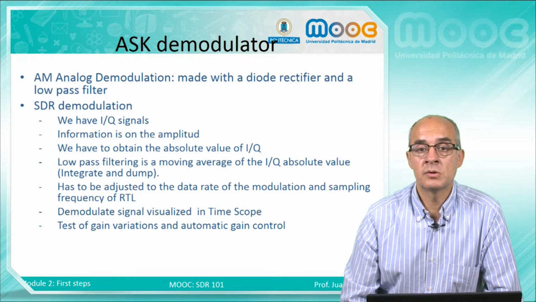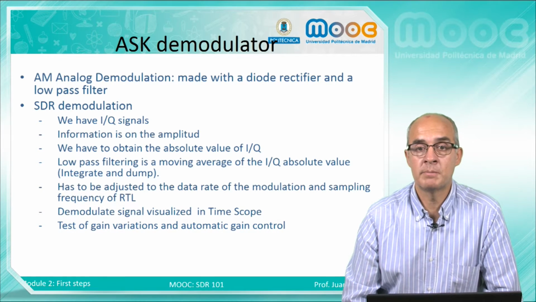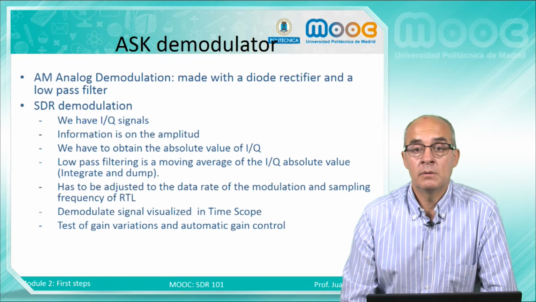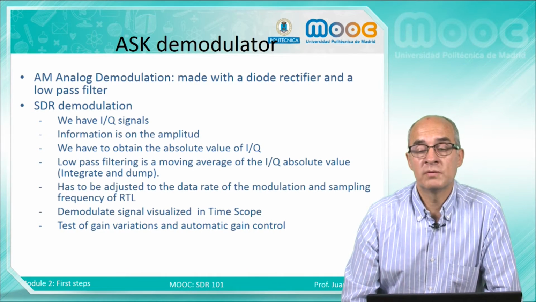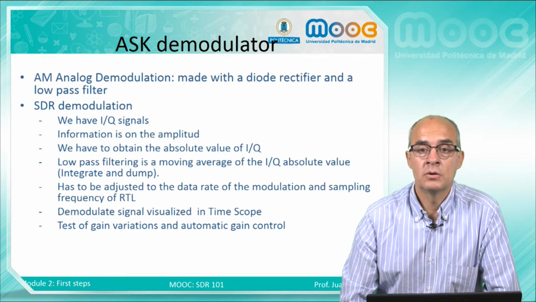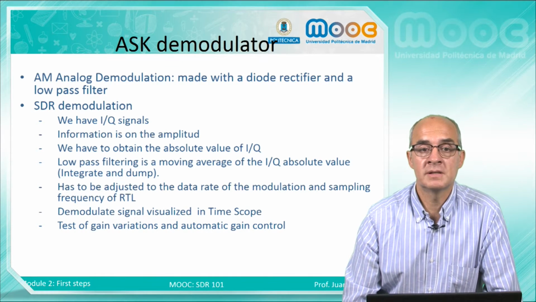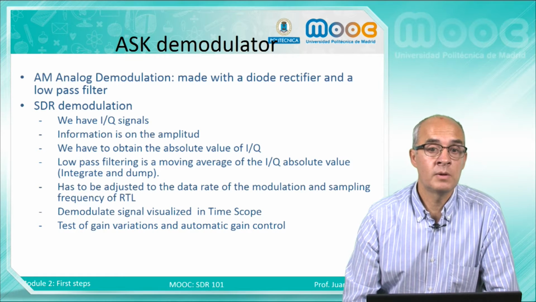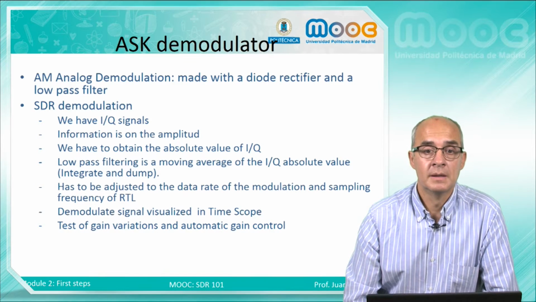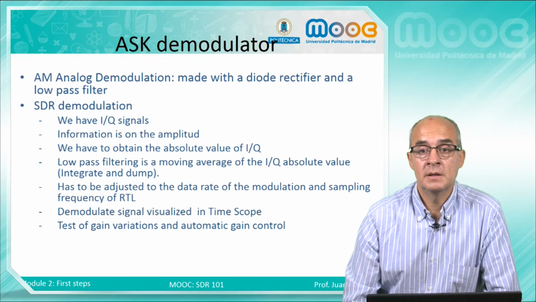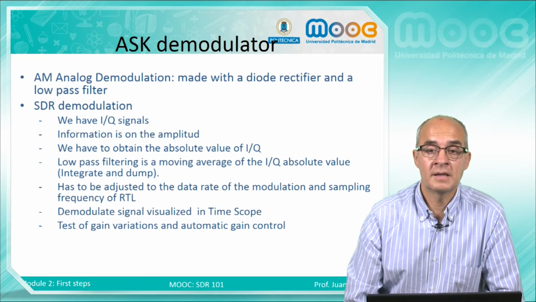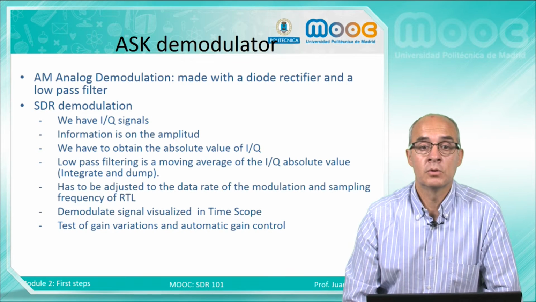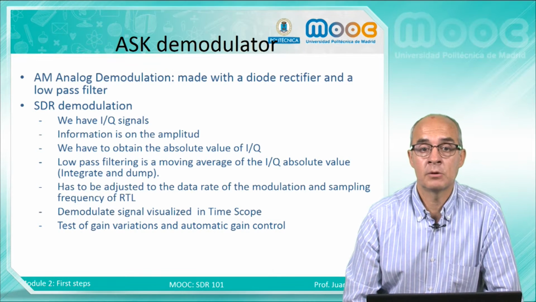This is very easy because it's a mathematical operation, the absolute value of a complex number. Then we do a small low-pass filtering to remove some noise and variation of the signal. This is easily made with an integrate and dump block, adjusting the system data rate and integration to get a clear data output.